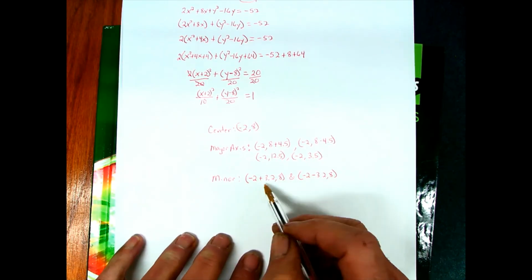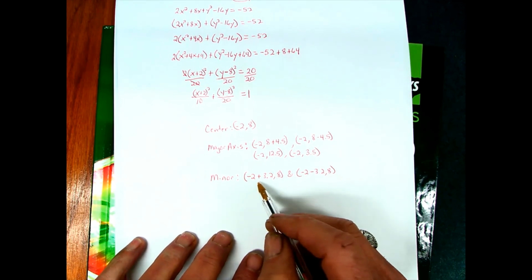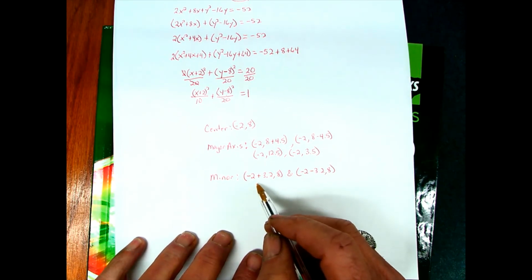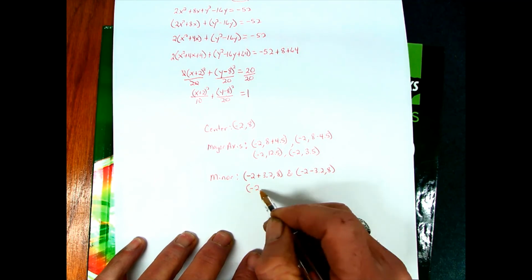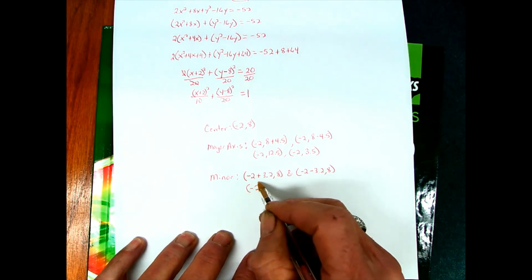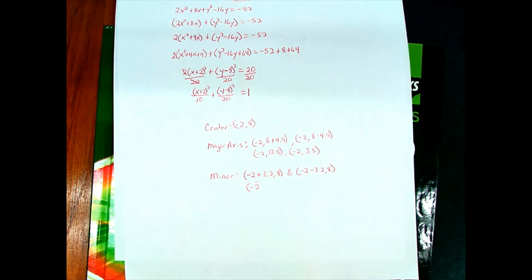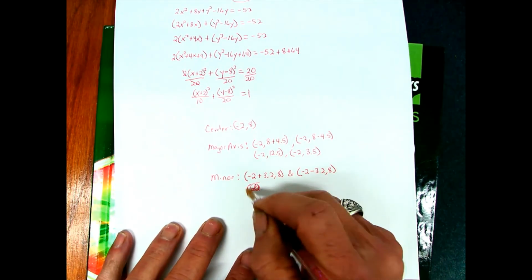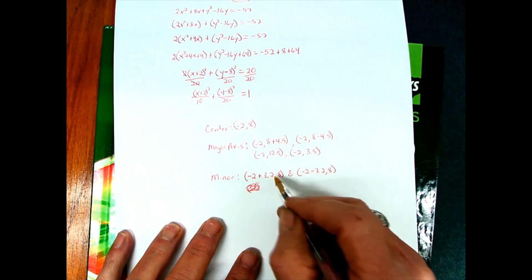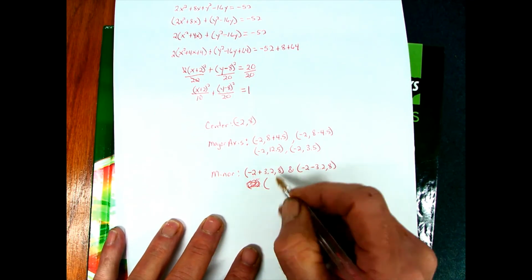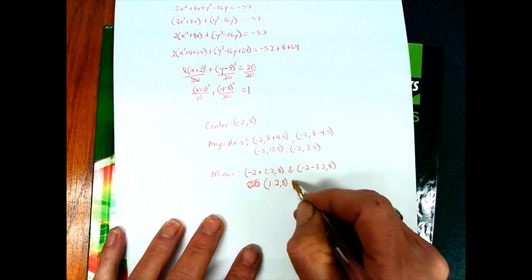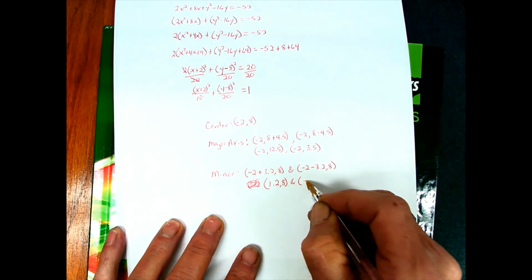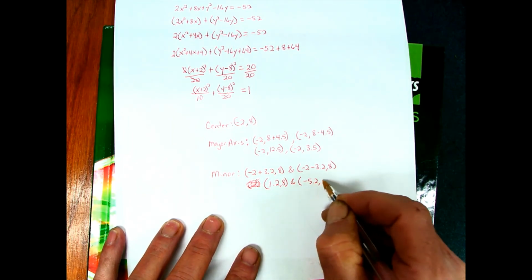So the co-vertices will be the 2 points... I just messed that up, didn't I? It's -2 plus 3.2. So 1.2 and -5.2.